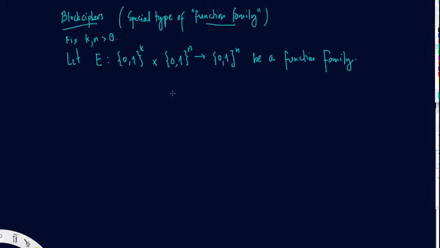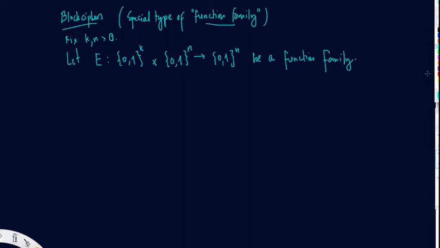To be clear, it's taking in a k-bit string and an n-bit string and outputting an n-bit string. So one thing you can see is that the size of the input and the size of the output are the same, whatever they are. This is one property of a block cipher.